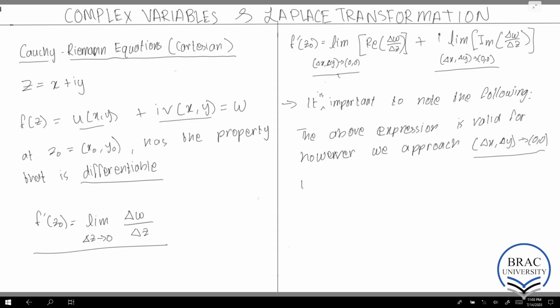If we approach horizontally, we approach delta x, 0 towards 0, 0.